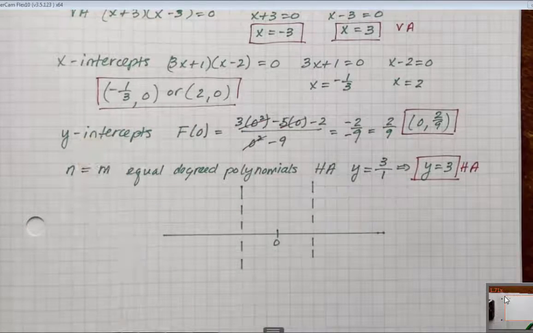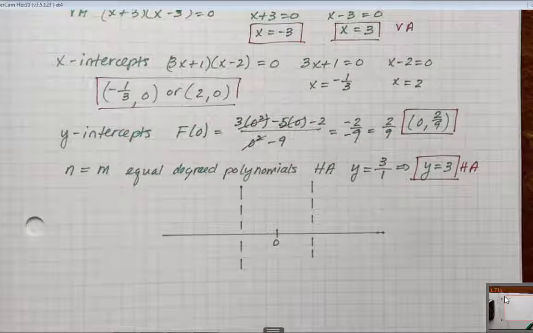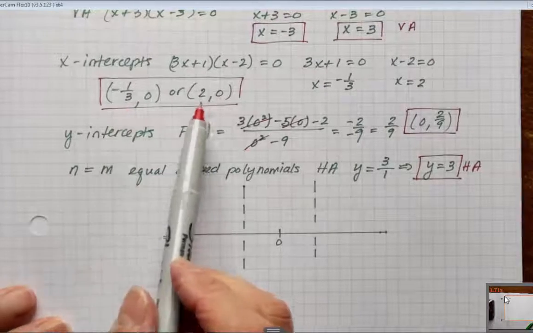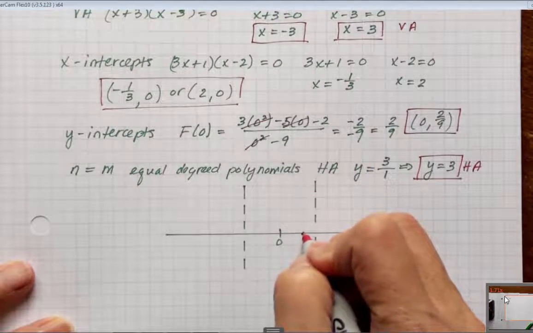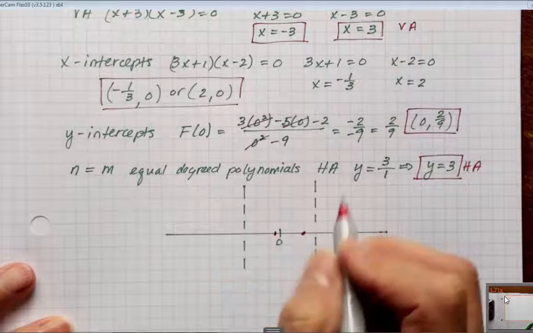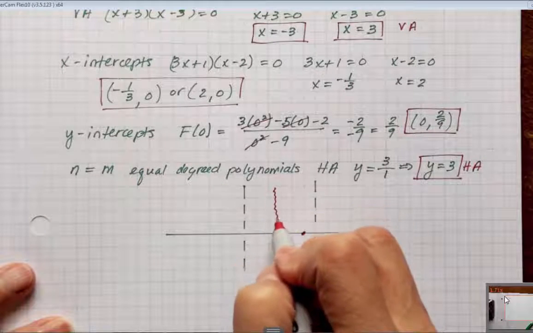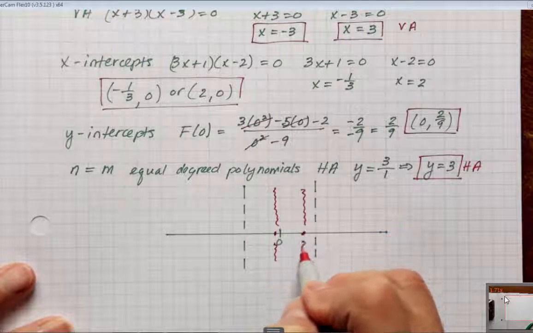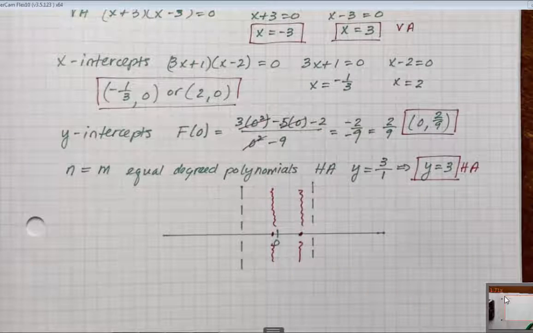I'm also going to put in my zeros, and remember my zeros are my x-intercepts. So I have a 0 at 2, 0 and another at negative 1/3, 0. And remember that I'm going to use a little squiggly line to break my graph off wherever I have a 0.